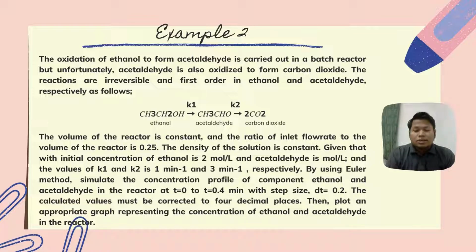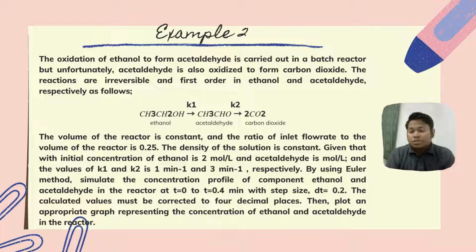And then it says that unfortunately, acetaldehyde is also oxidized to form carbon dioxide. This adds to our reaction, becoming A producing B, with B producing C, where C will be our carbon dioxide. It also mentions the reactions are irreversible and first order in ethanol and acetaldehyde, which means the reaction is only in the forward direction.